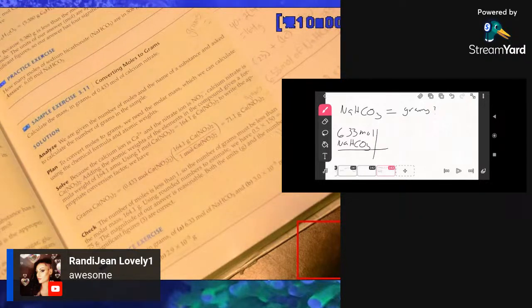All right. And then 1 mole of sodium bicarbonate weighs, what was the number? 164 grams. Wait.